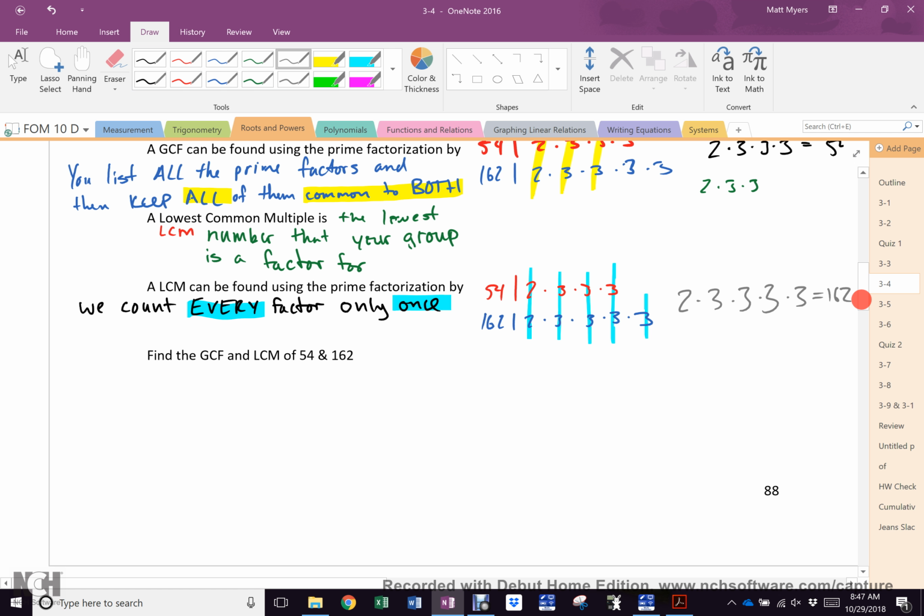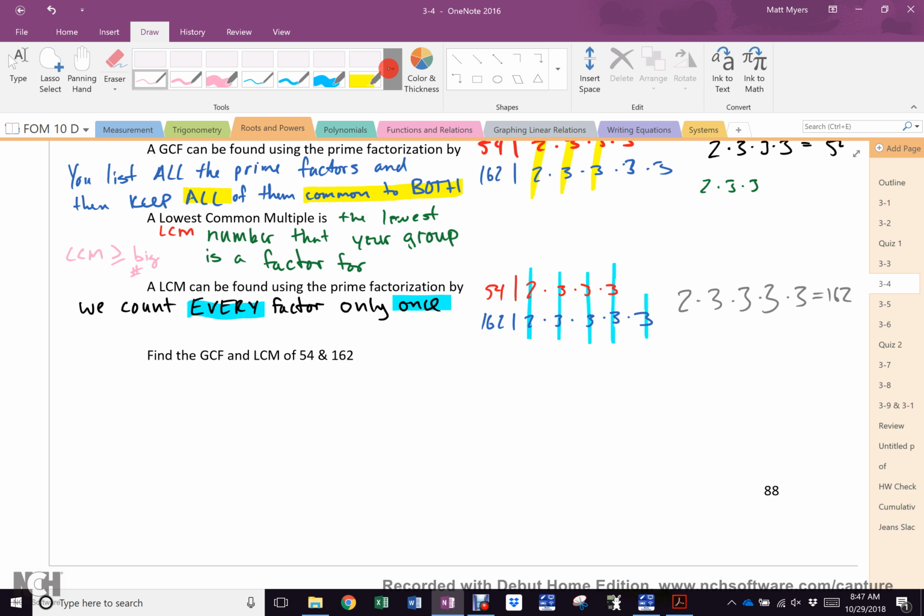Yes. So 162 is a multiple of 162, yes? And 54 times 3 is 162. So it's also a multiple of 162. Everybody good? And in pink is how I write this little reminder. LCMs are greater than or equal to the biggest number of your set.